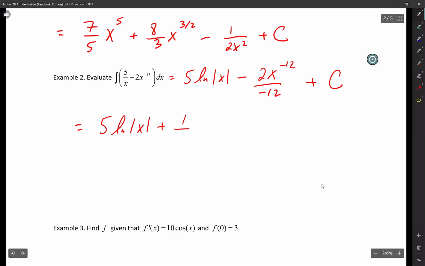So I'm going to write it as 1 over 6x to the 12th power. Maybe I didn't have to do that because they had a negative exponent in the top anyways. So you could have left it on the top plus c.